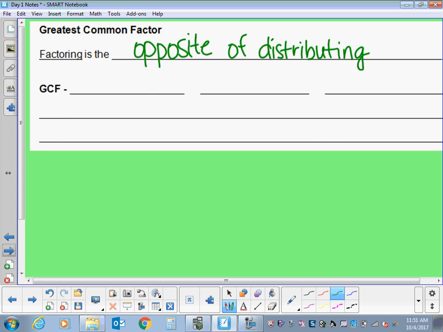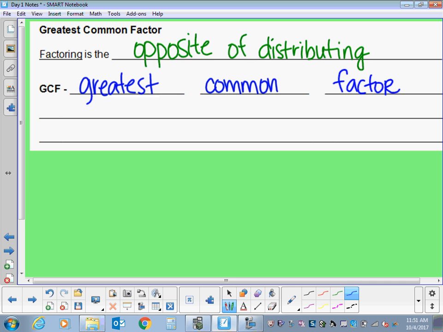So you're basically going to be reversing everything. So we know that GCF stands for greatest common factor.